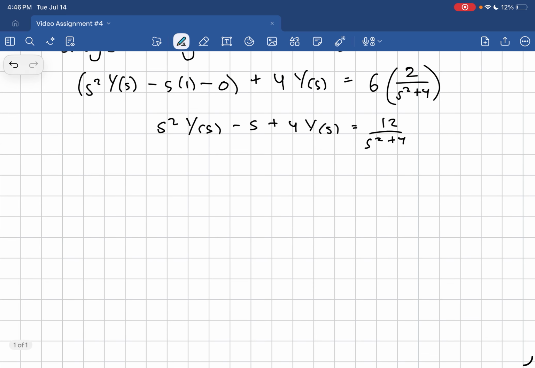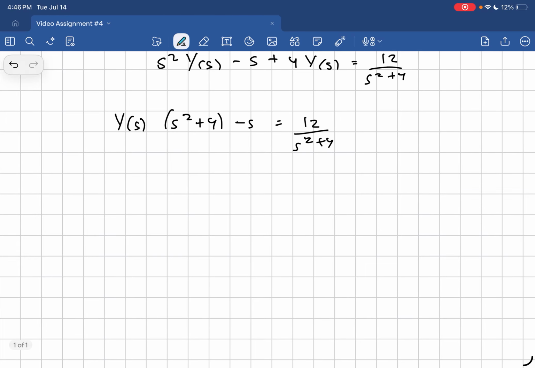And now, in order to solve for Y of S, the Laplace transform of Y, we have to isolate it, so we can group its terms together, bring it out in the front. To continue isolating, we can add S to both sides.